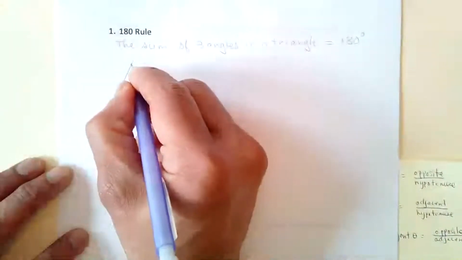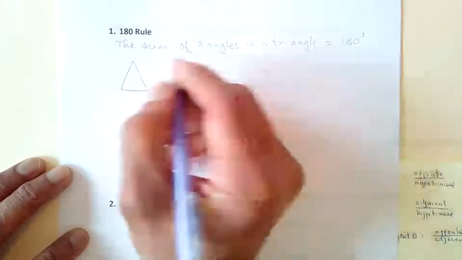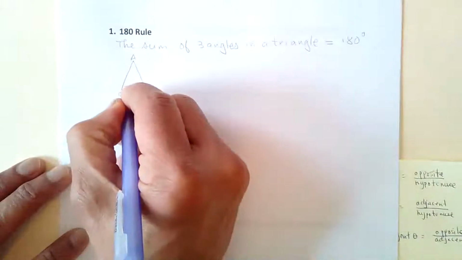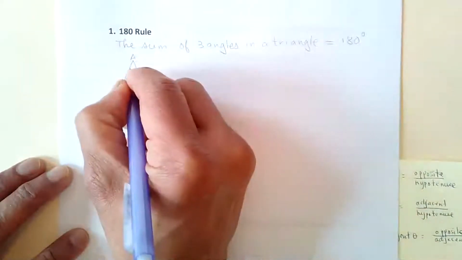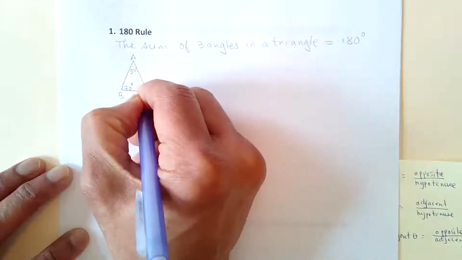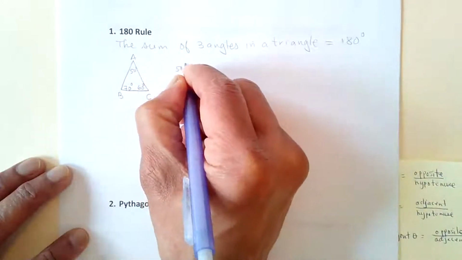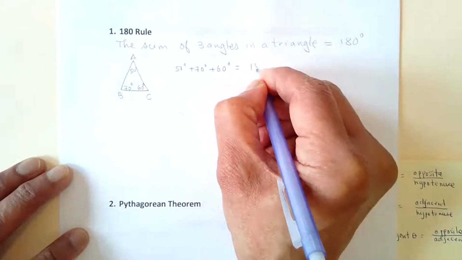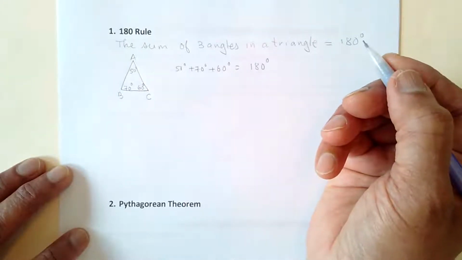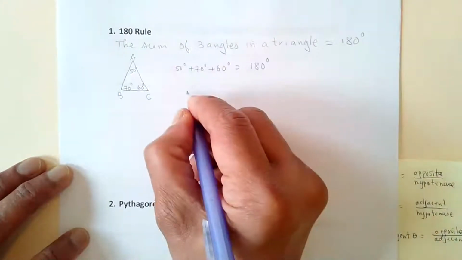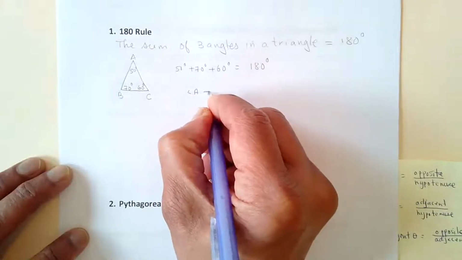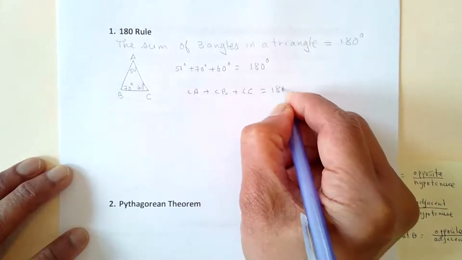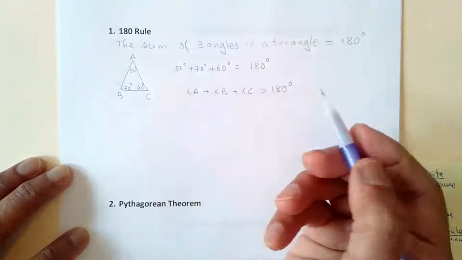So if we have a triangle with angles A, B, and C, and this is 70 degrees, this is 50 degrees, this has to be 60 degrees, because 50 plus 70 plus 60 equals 180 degrees. So the formula is angle A plus angle B plus angle C is 180 degrees. If we know any two angles, we can find the third one.